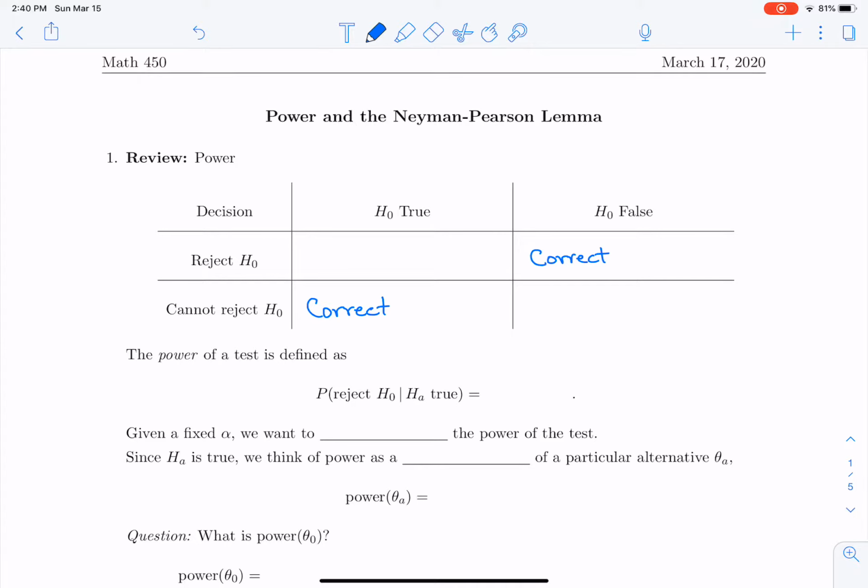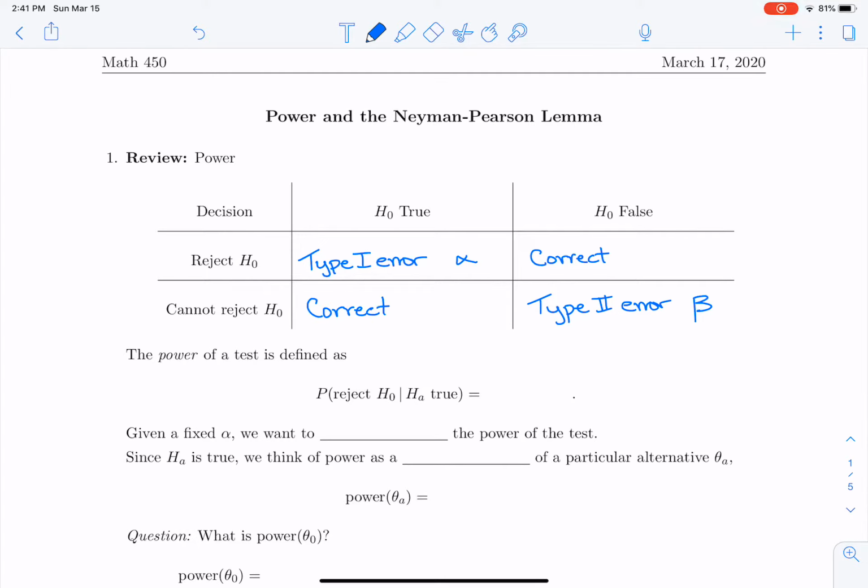But if the null hypothesis is rejected, but it turns out to be true, remember that that's a type 1 error. And that happens with probability alpha. Of course, if the null hypothesis is false and we cannot reject it, we call that a type 2 error, and we labeled that beta.